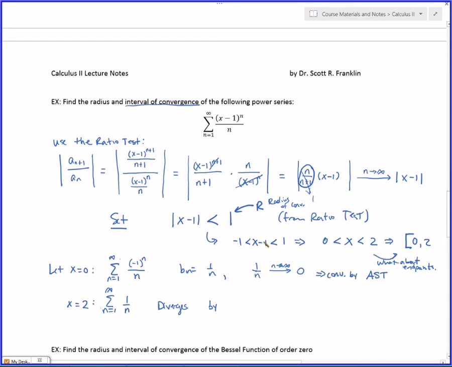By the p-test, because p is equal to 1, anything less than or equal to 1 diverges. So what goes on the 2? Parentheses, okay? So your interval of convergence is from 0 to 2, including 0 but not 2.